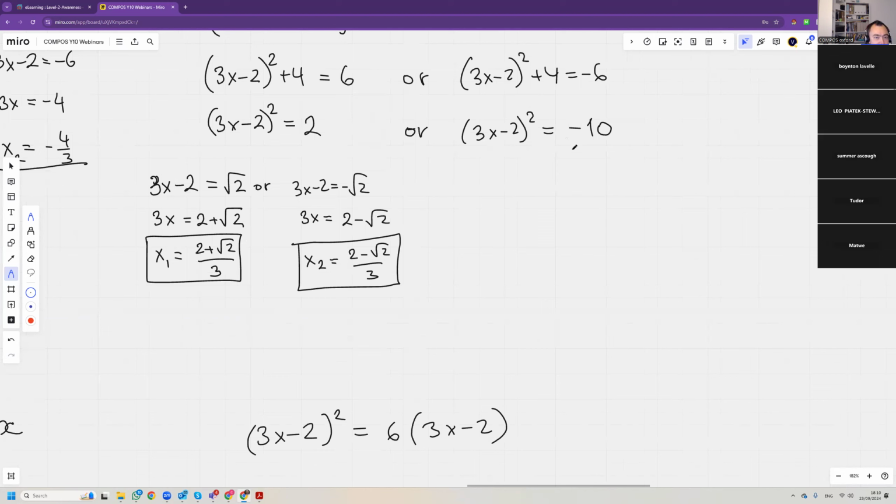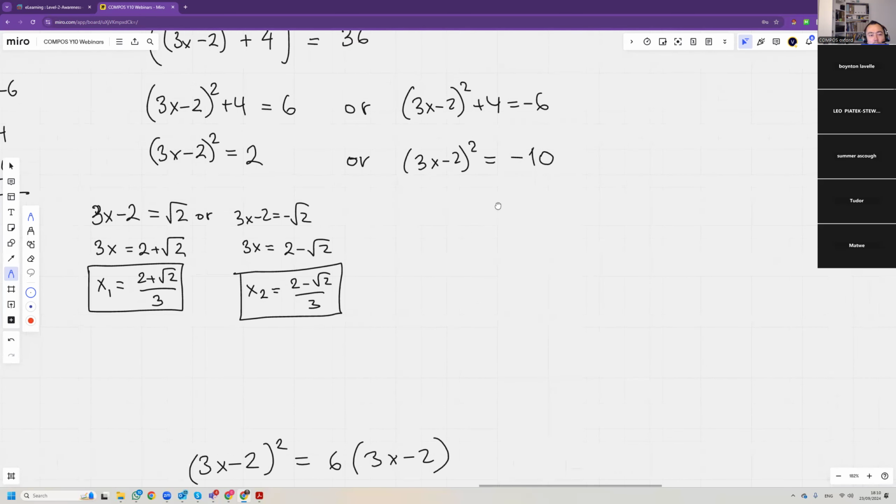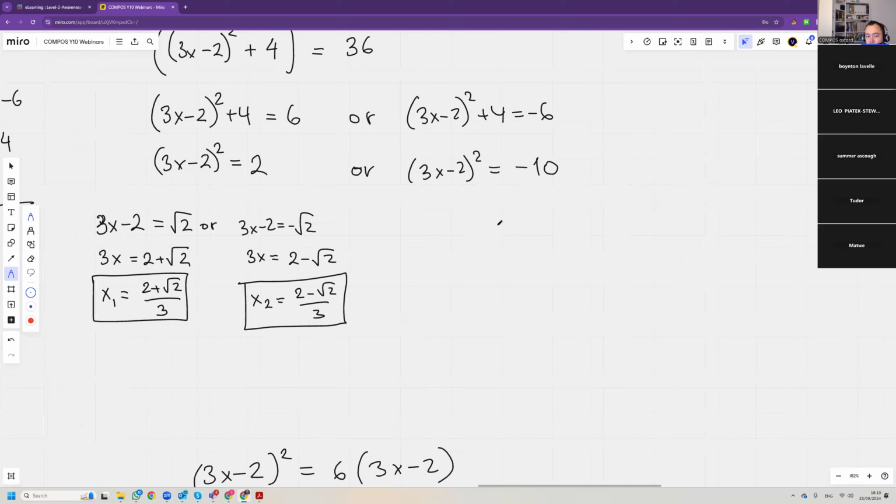Now for this one, 3x minus 2 squared equals minus 10. What do you think happens here? Well, there is no real solution, of course. The square of a number cannot be minus 10.